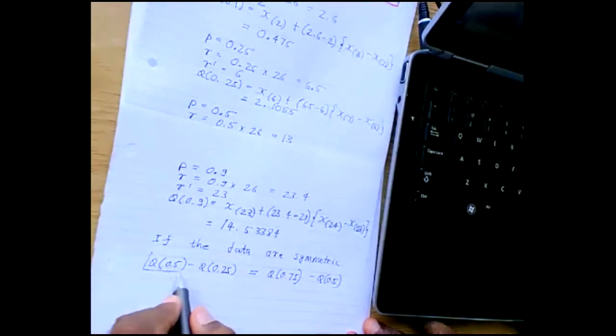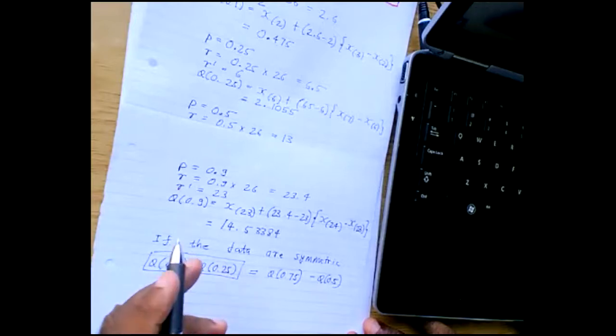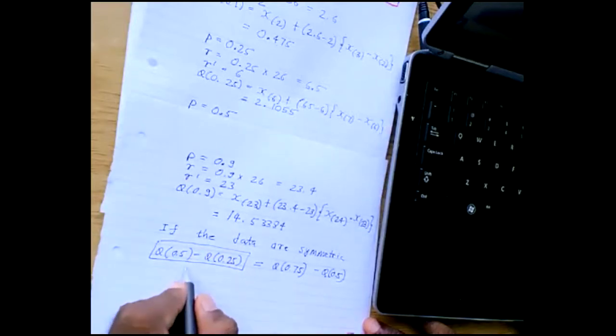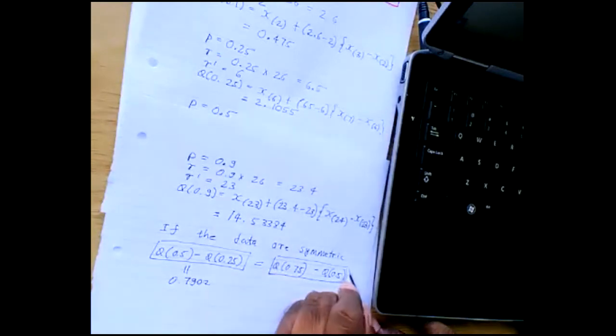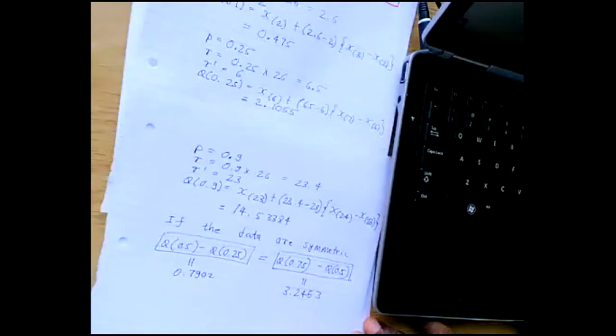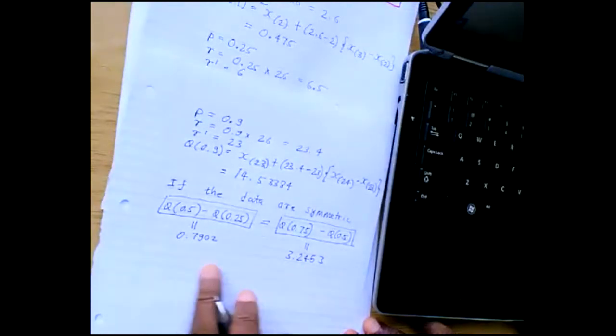Using what we just calculated, this one is approximately equal to 0.7902, and this one is equal to 3.2453, and these two are not even close to being equal, right?